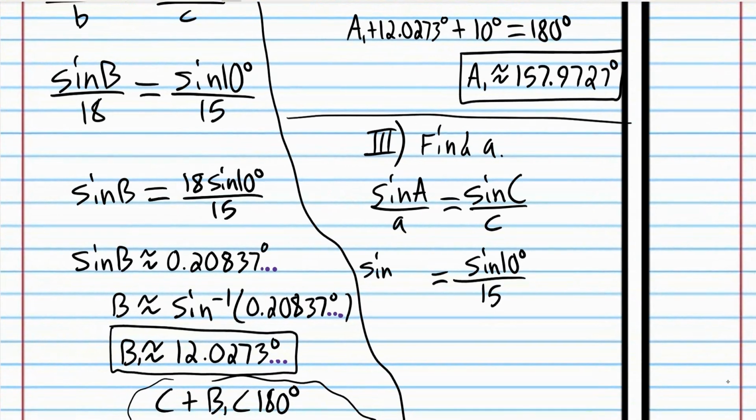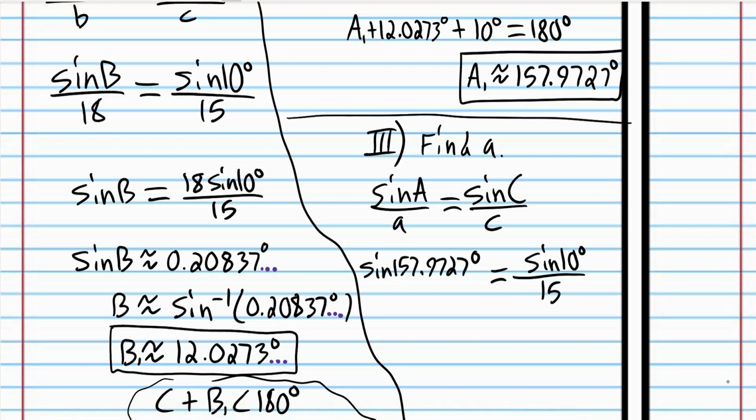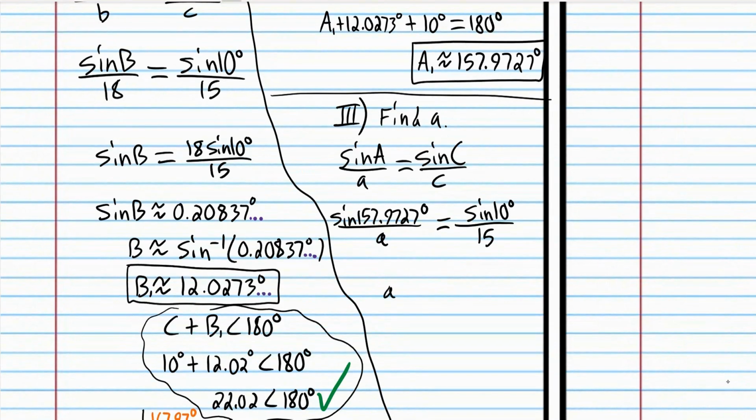And we have sine of 157.9727 degrees over A. Solve for A, and you don't have to show the math.